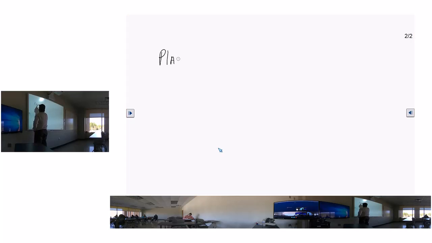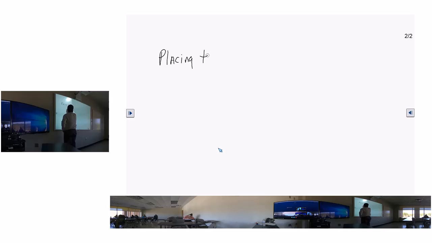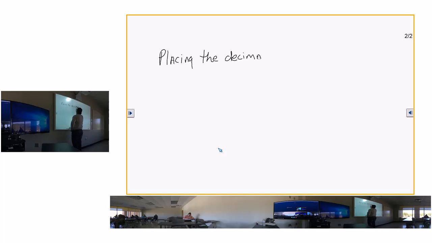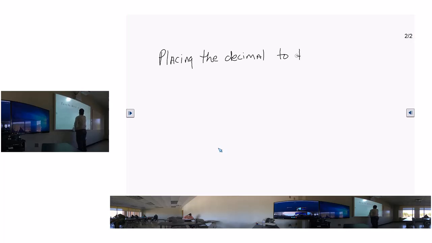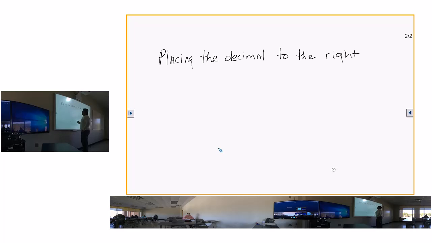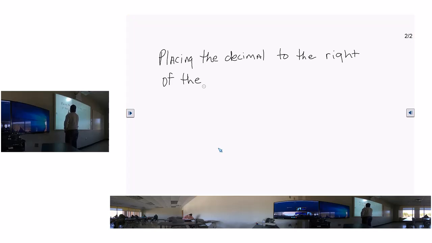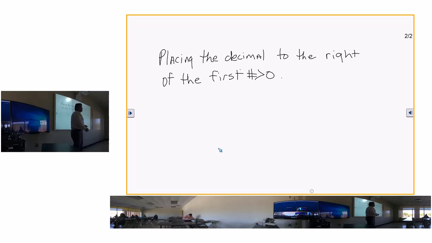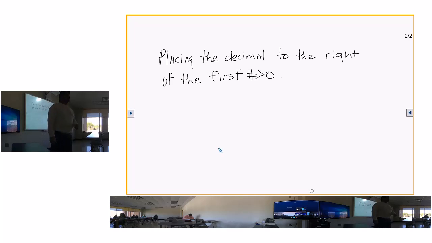Placing the decimal to the right of the first number greater than 0. That's the definition of scientific notation. Now, it's in layman's terms.